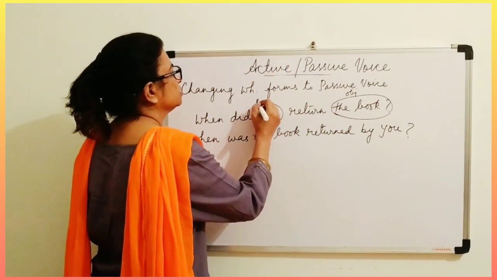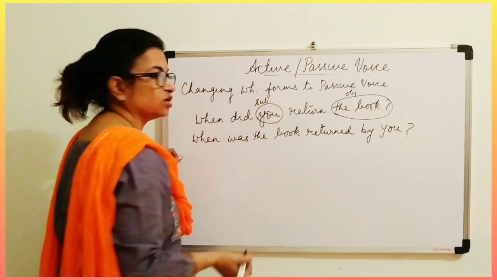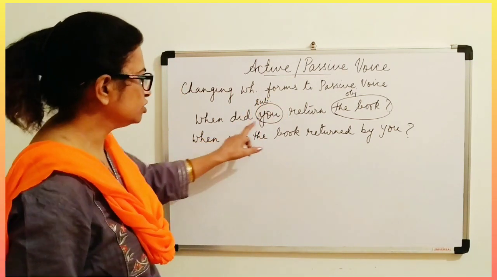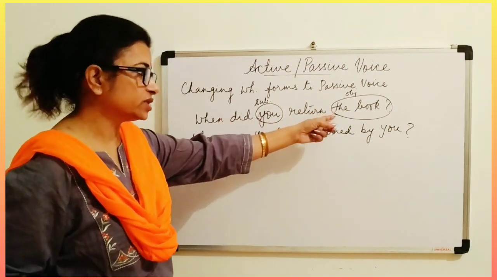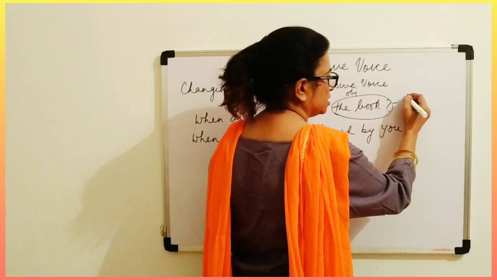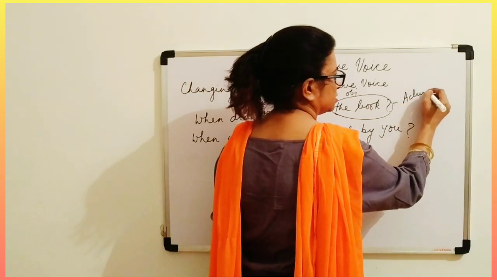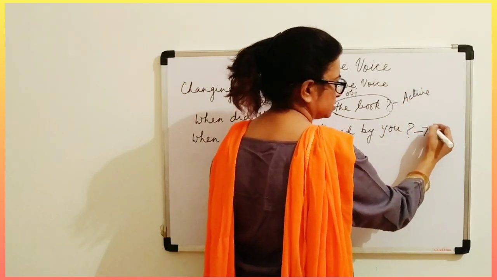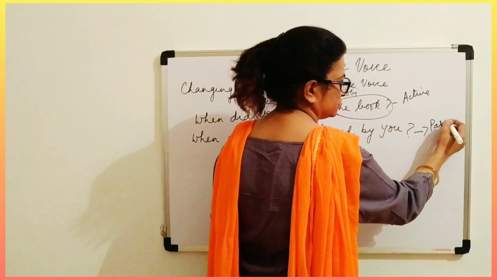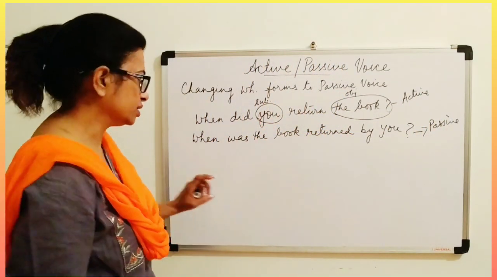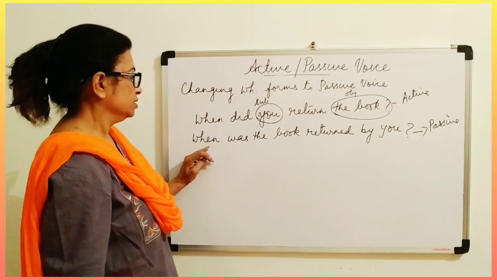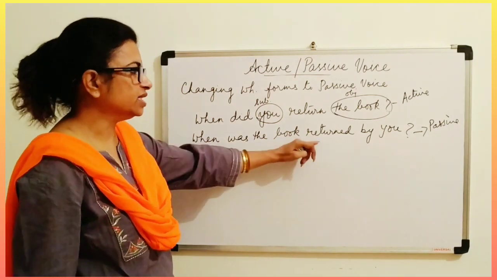So this was our subject, obviously. So when did you return the book? This was an interrogative sentence, and this was active sentence, and here it is. This is passive. Passive interrogative only. Okay. So when was the book returned by you?